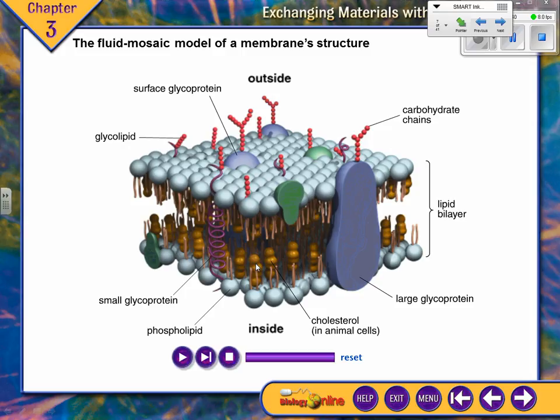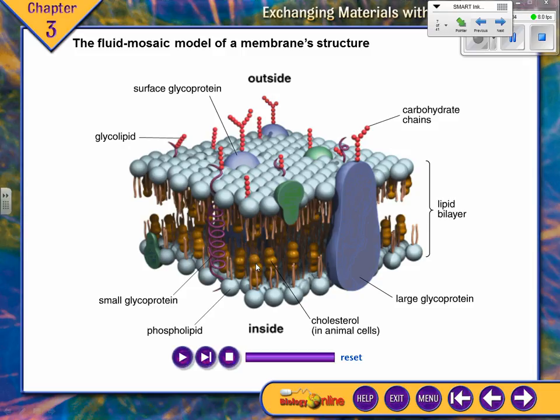Also with the coloring, I want you to notice right now that he said there's two different types of proteins. Some are peripheral, meaning like peripheral vision. It's just on one side. That's not going to be a transport protein, is it? Now, an integral protein is fully integrated, and so it goes all the way through.